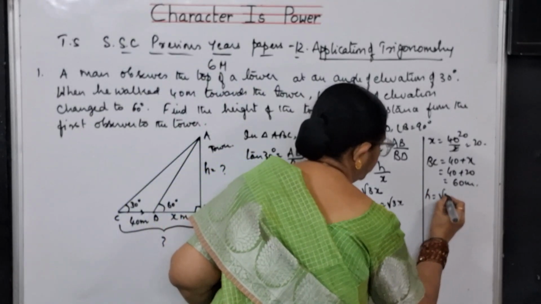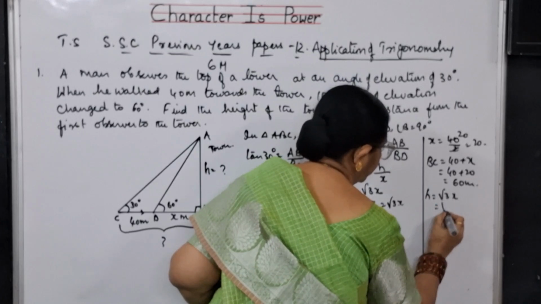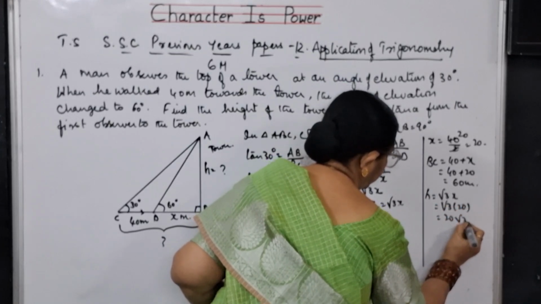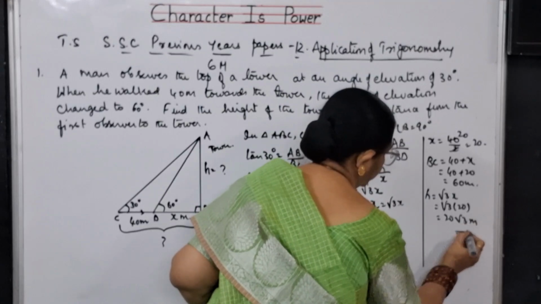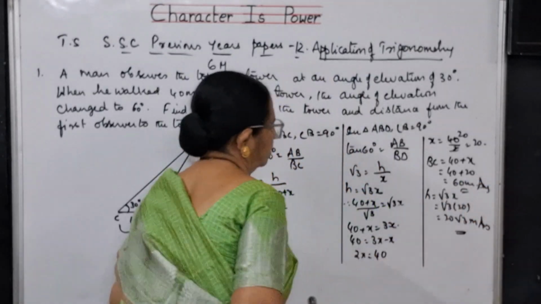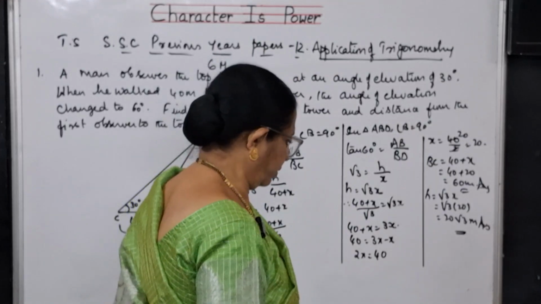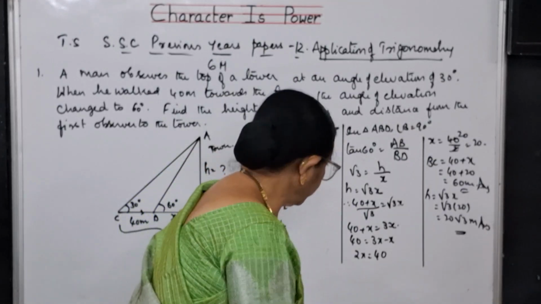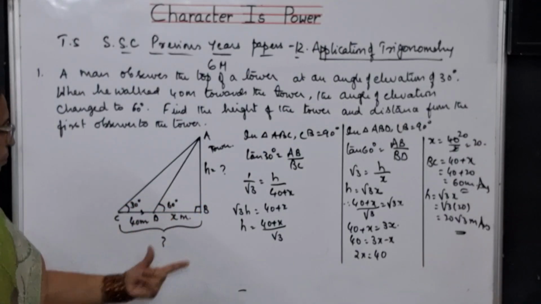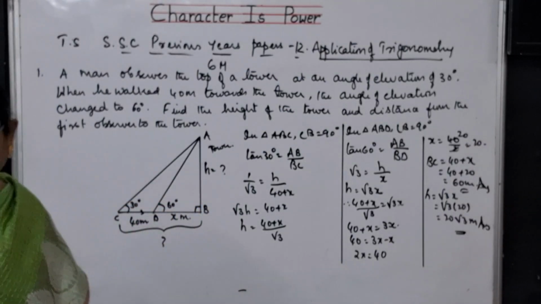H is equal to root 3x, that means root 3 into 20, that is 20 root 3 meters. So these are the two answers for this problem, children. Please write down. You have got h value, you have got BC value. Please note down.